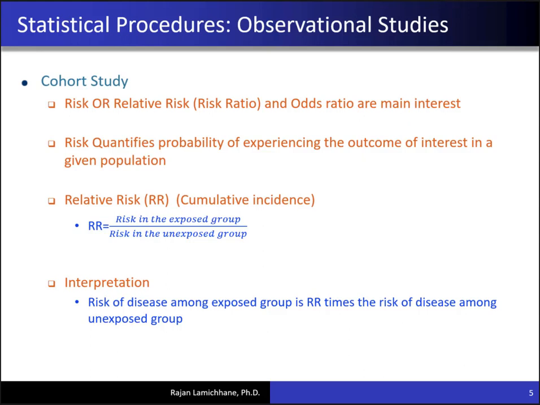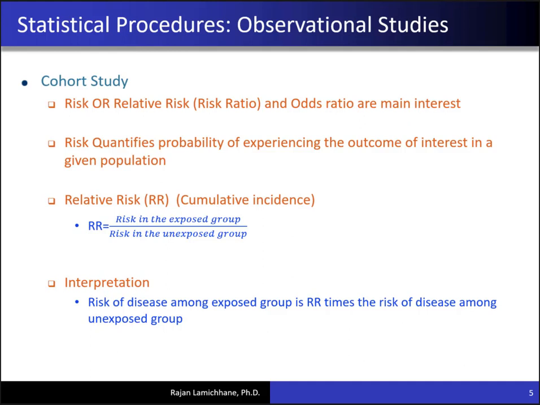So cohort studies have a temporal framework, meaning we always observe the cohorts of the exposed and non-exposed, which can be considered as the risk factors of the disease, and then among those, how many develop the disease. Cohort studies could be retrospective or prospective, and we can use both odds ratio and relative risk, or risk ratio, in a cohort study.